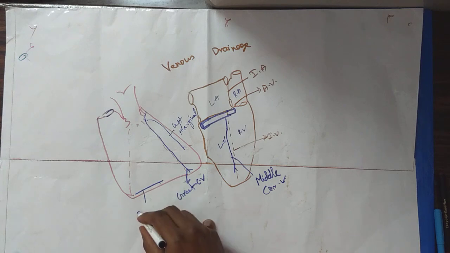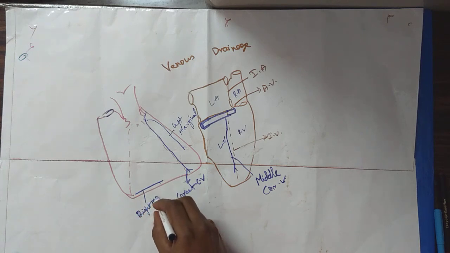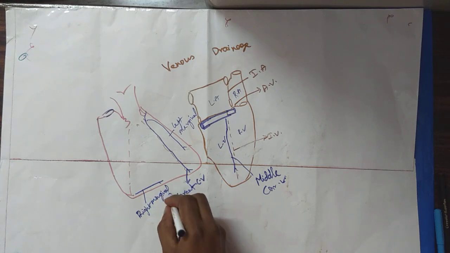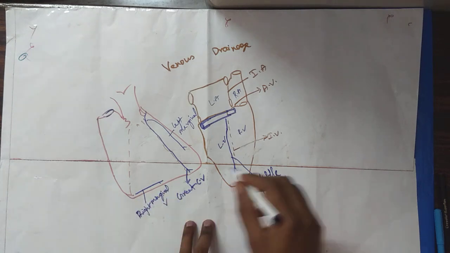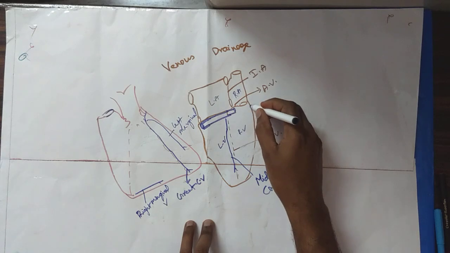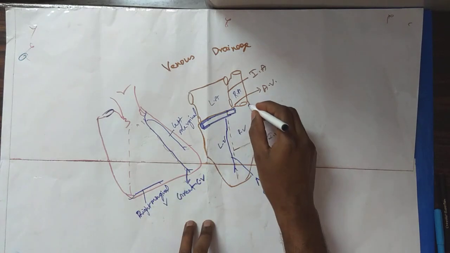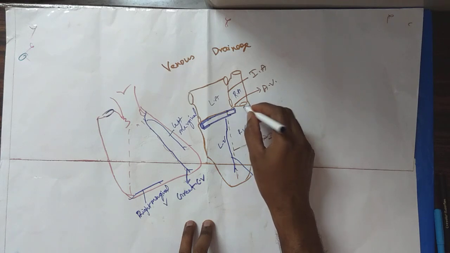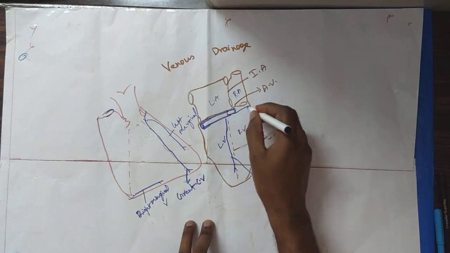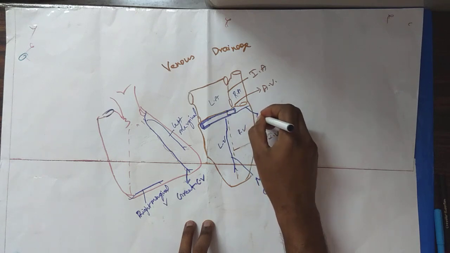So with the same name you are having the right marginal vein. This drains into a vein called small cardiac vein, which continues along this inferior border and posterior part of your atrioventricular groove, which is on the right side, and at last it will be draining into your coronary sinus.